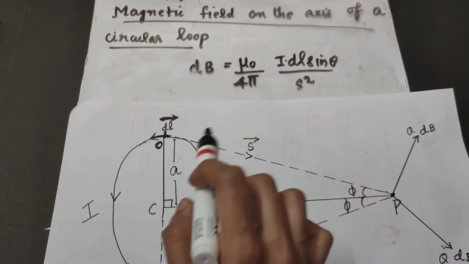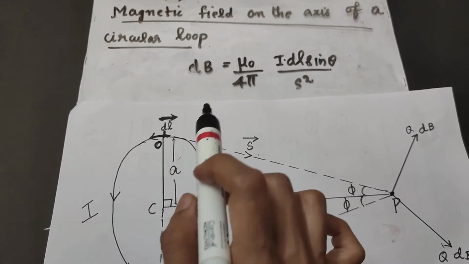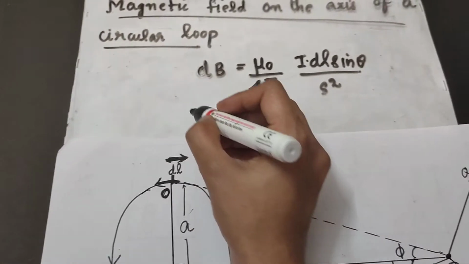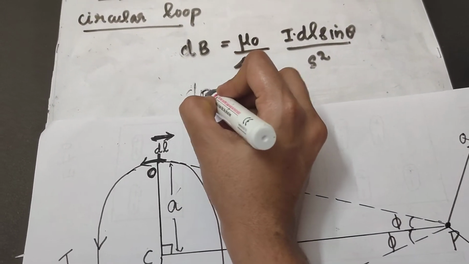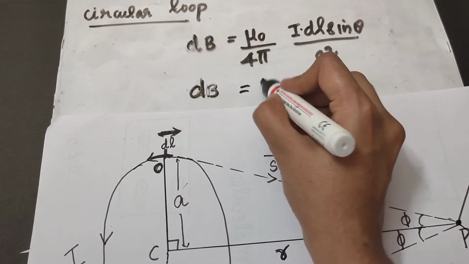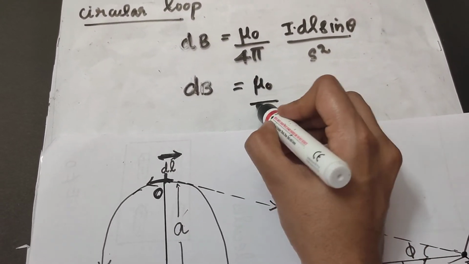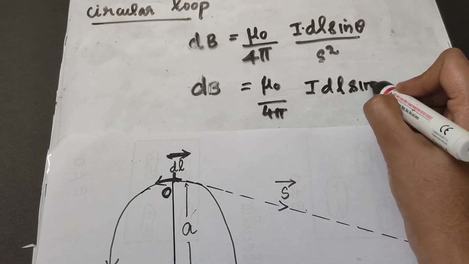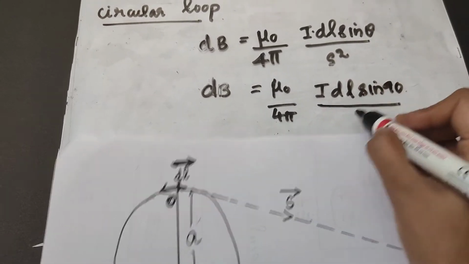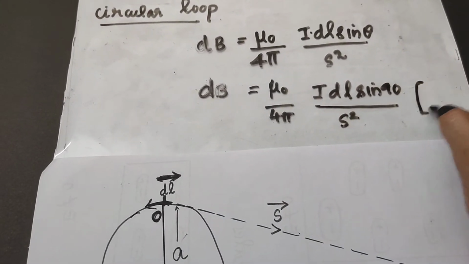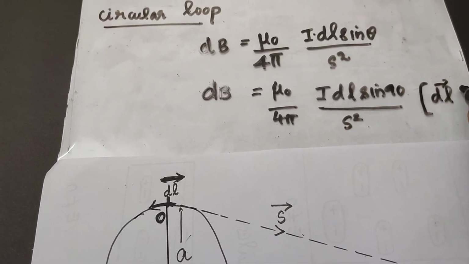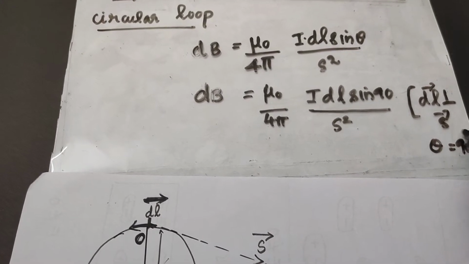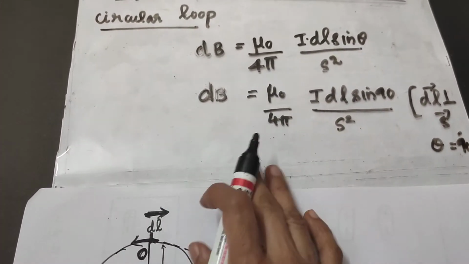OP means S. So we can substitute 90 degree in this equation. dB is equal to mu 0 by 4 pi I dl sine 90 divided by s square, since dl is perpendicular to s, theta equal to 90 degree.